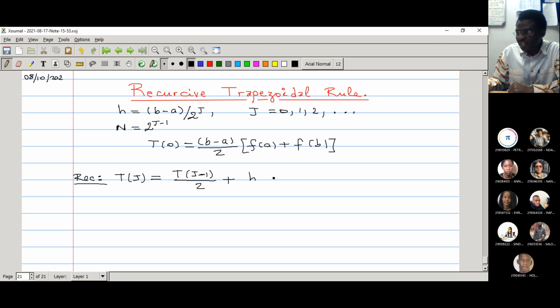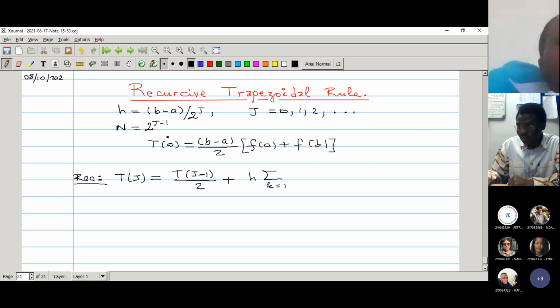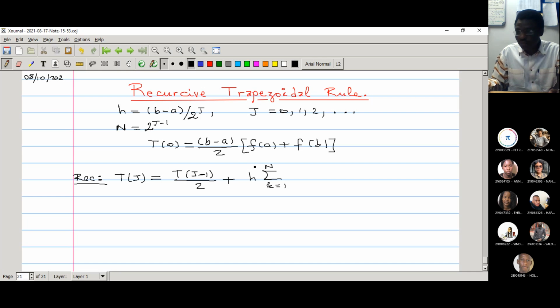Now here we have our h, and then we have the sum, sum over what? K. So we take k from 1 to capital N, which is 2 to the j minus 1. You see that this capital N is changing. Instead of putting capital N there, let me just put 2 to the j minus 1. And then f of what? Then we put 2k minus 1. That is, we take the odd subscript here.